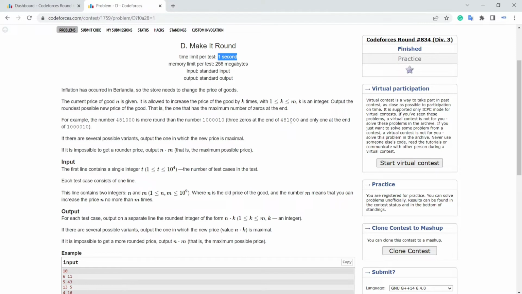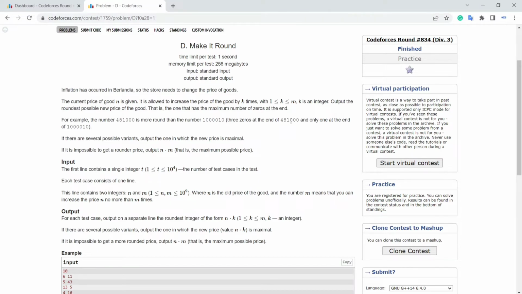Once you remove all the 10s inside N, you count the number of 2s and number of 5s, and try to form a number between 1 and M which will counteract: if you have 2s, you build with 5s corresponding to it, and if you have 5s, you build 2s corresponding to it, and then multiply by 10 until it's less than M. You find the maximum multiplier which is less than M, and simply multiply that number with N and give the output.